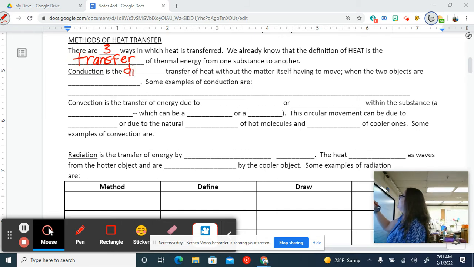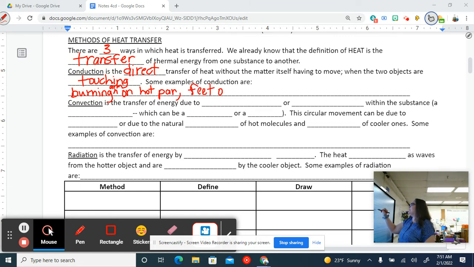Conduction is the direct transfer of heat without the matter having to move. It's when the two objects are touching. So anytime the two objects touch, that's how heat is transferred. So burning your forehead on a curling iron, burning your arm on a hot pan, burning your feet on hot sand, that's conduction.